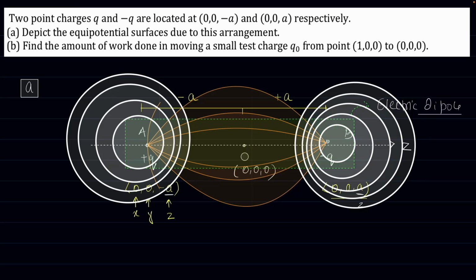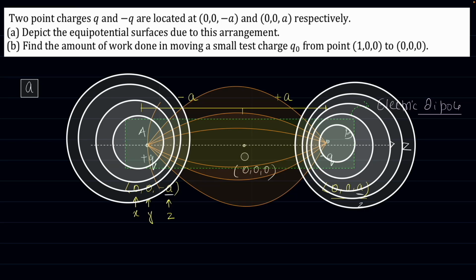Why does it happen? The reason is clear. If you see between A and B, the electric field lines are more dense, very near to each other. The equipotential surface will be nearer towards the point A and the same way towards the point B. But when it is going away, this gap starts increasing. In this way, we can say that this is the equipotential surface of this arrangement.